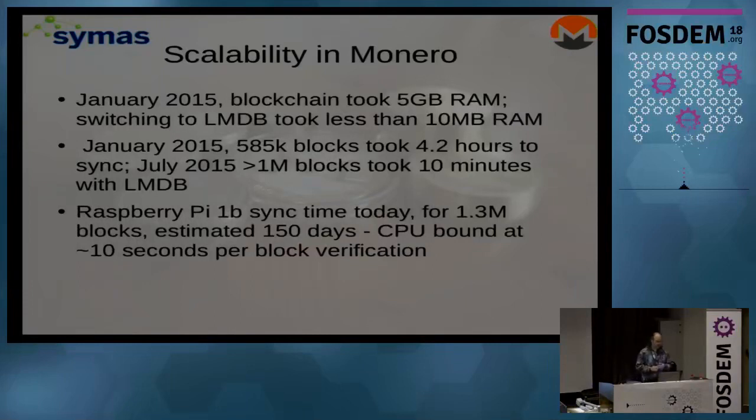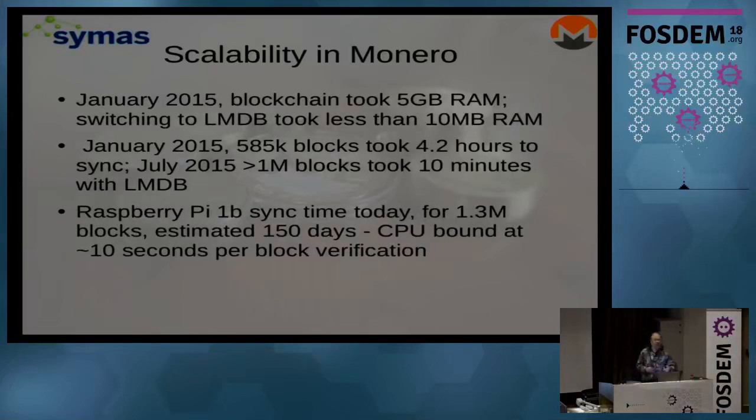Also, in 2015, they had a blockchain with 585,000 blocks in it. And it used to take 4.2 hours to sync that using their in-memory database. And once they switched to LMDB, the sync time went down dramatically. We talk about the Bitcoin network having a maximum speed of 7 transactions per second.